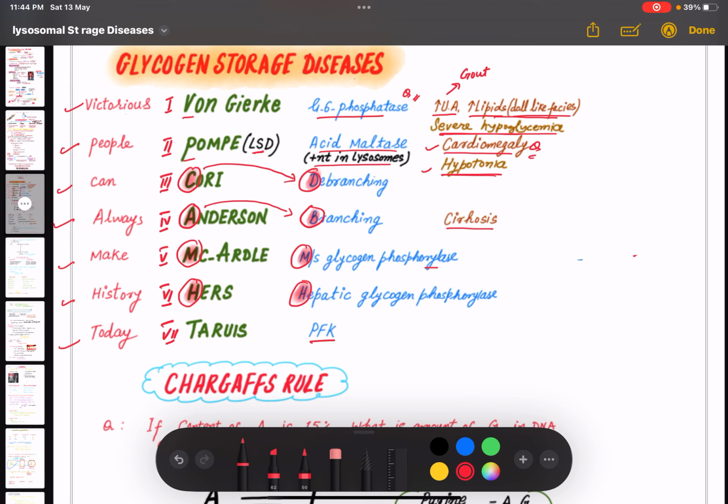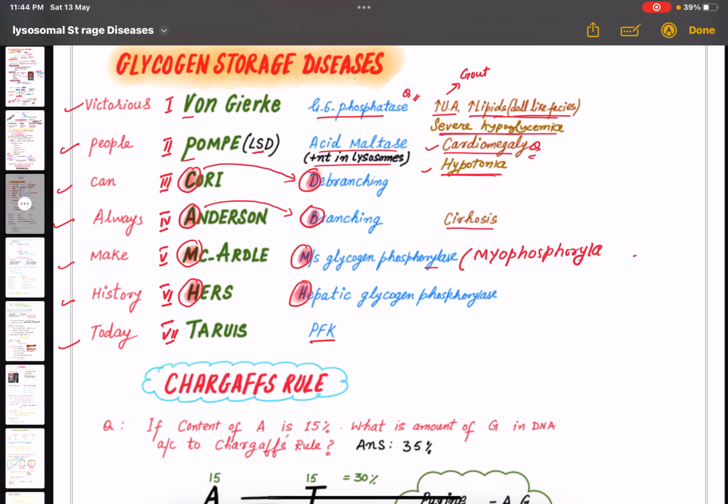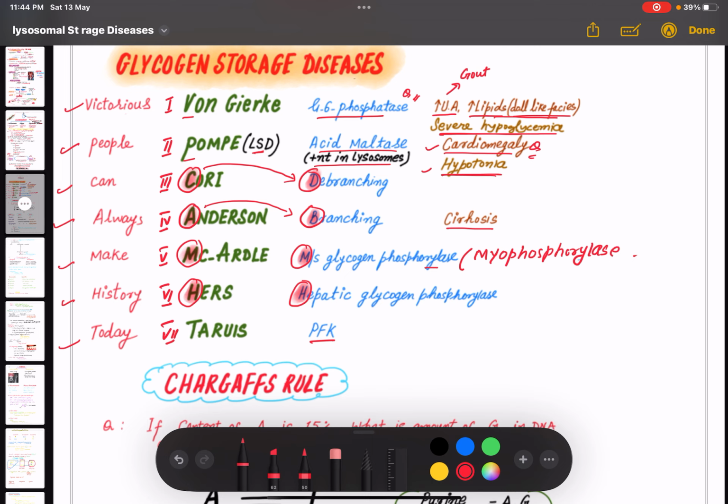Also remember that muscle glycogen phosphorylase is also known as myophosphorylase. This was the FMGE exam question.